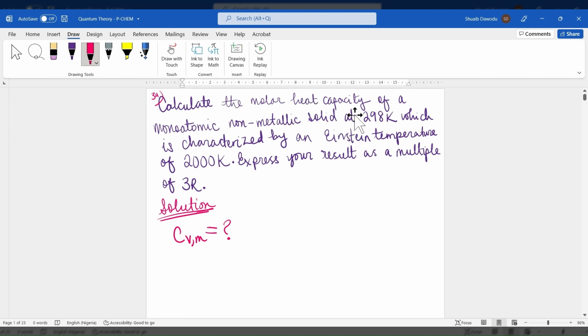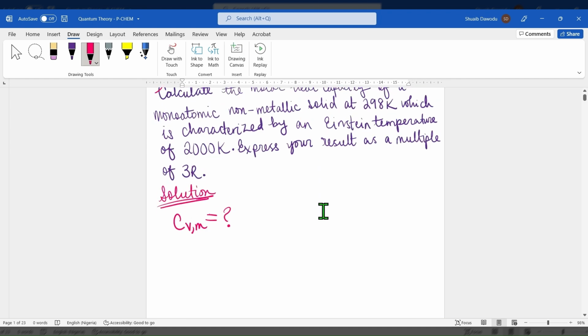This occurs at a temperature of 298 Kelvin, characterized by an Einstein temperature, theta sub E, of 2000 Kelvin. Express your result as a multiple of 3R.